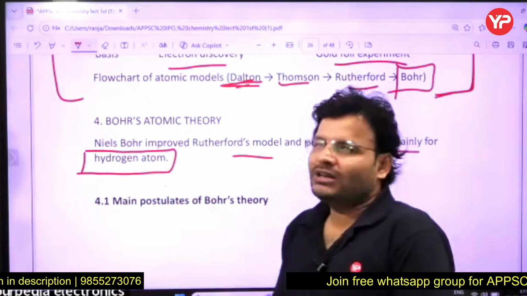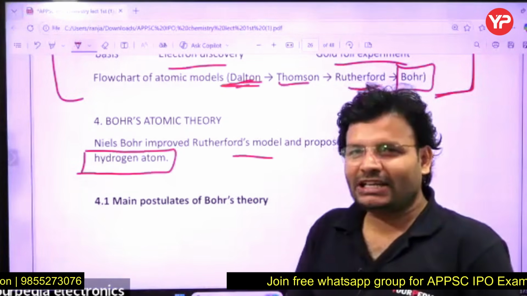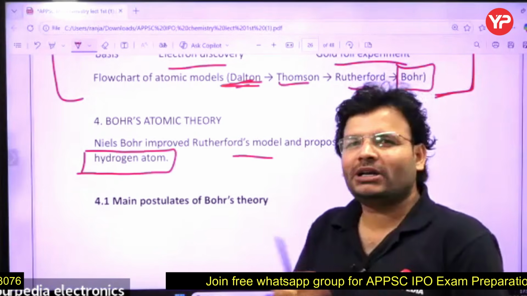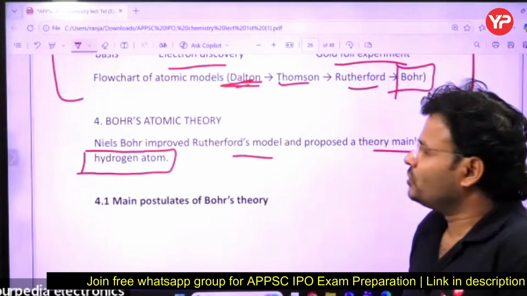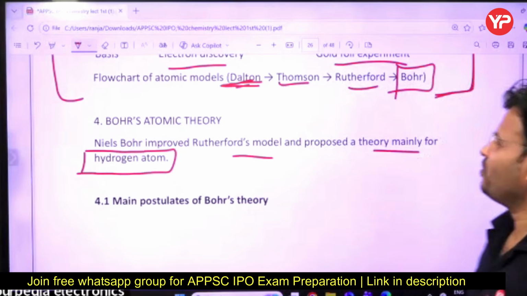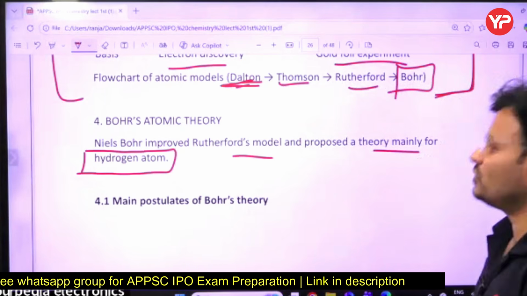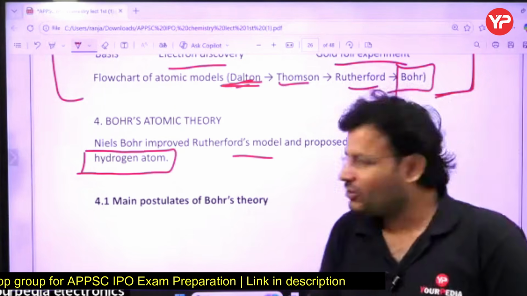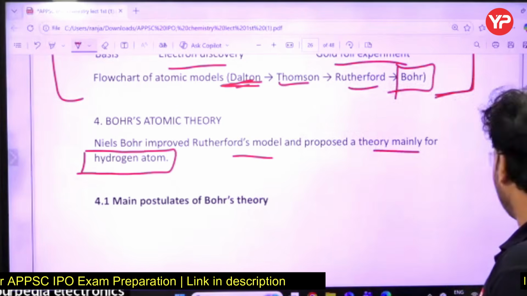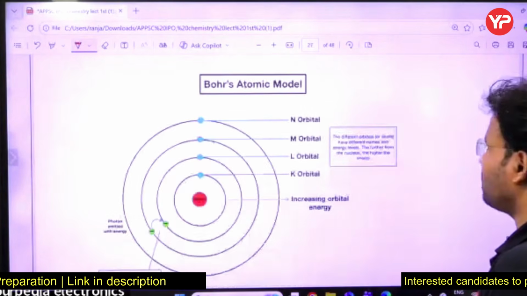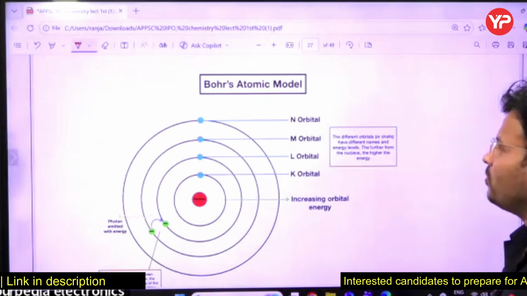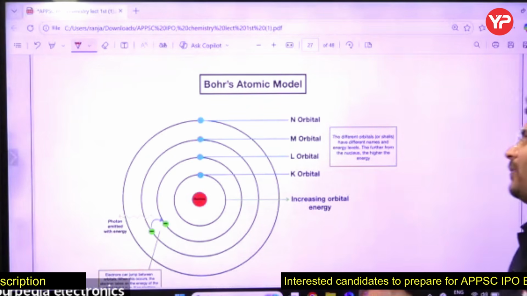The Bohr atomic model was basically given for the hydrogen atom, and it overcame some problems of Rutherford's model; I will see that also. So Niels Bohr improved the Rutherford model and proposed the theory mainly for hydrogen atoms; keep that in mind. Now Bohr's atomic model introduced orbits, called the K, L, M, N orbits.